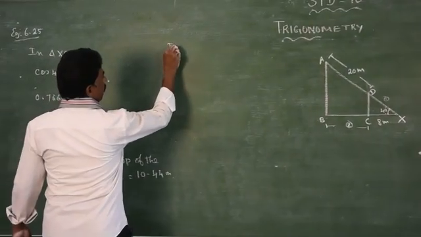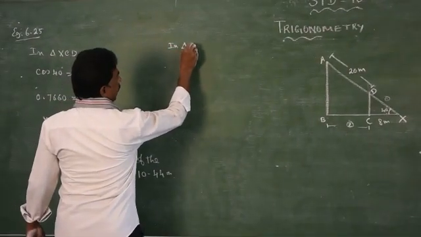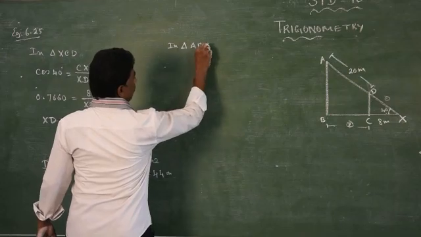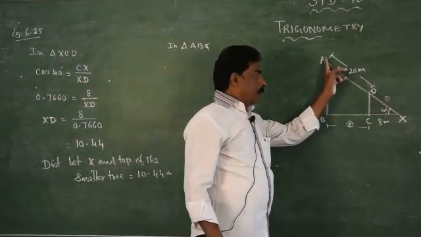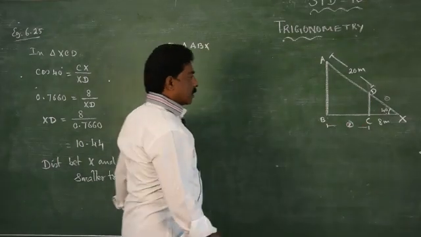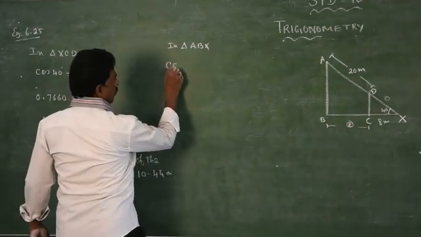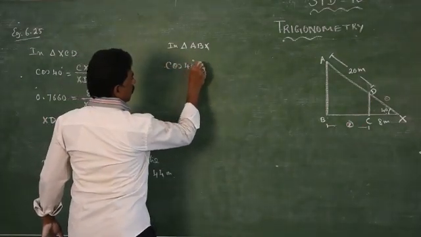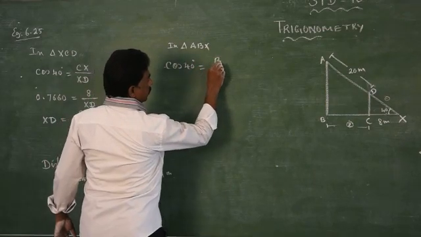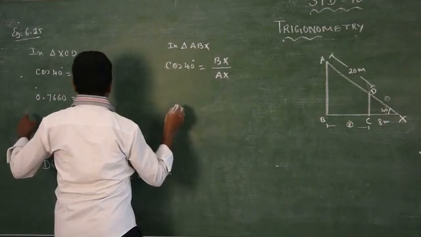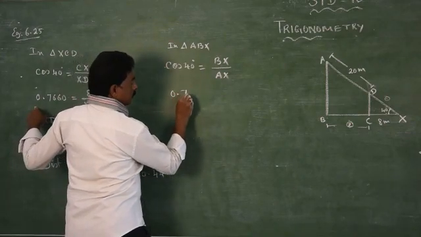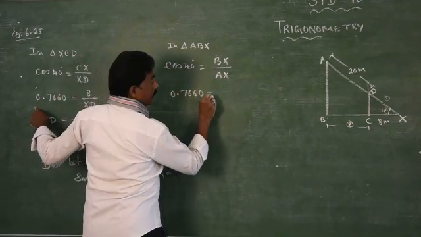The second question, you have to find the horizontal distance between the trees. So in triangle ABX, hypotenuse and adjacent. So cos 40 is equal to adjacent BX by hypotenuse AX. So cos 40 same value 0.7660.